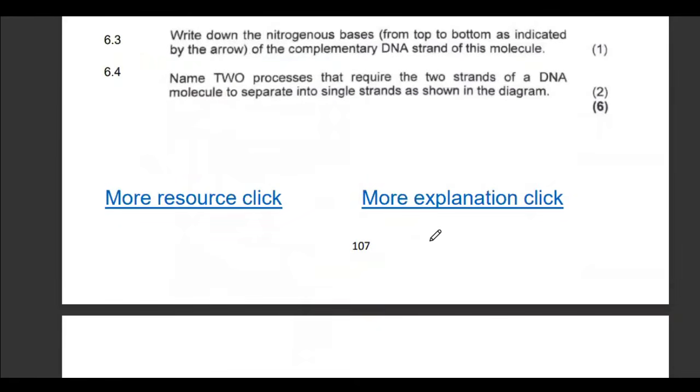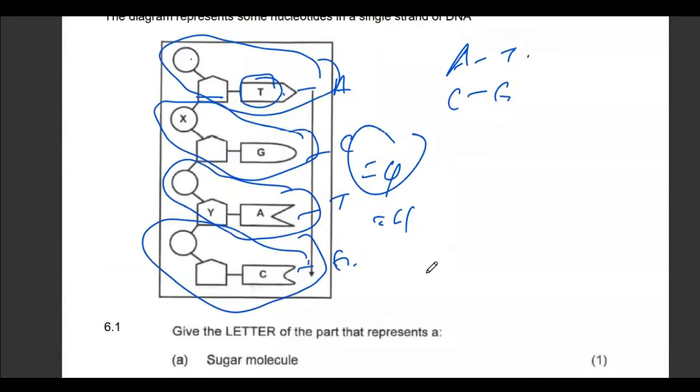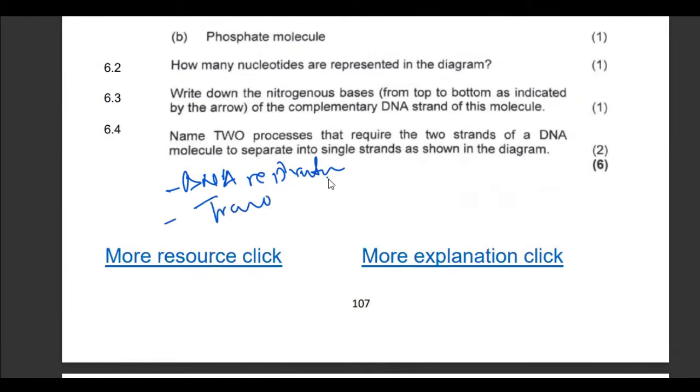Name 2 processes that require the strands of the DNA molecule to separate into single strands as shown in the diagram. Which 2 processes? We find this when DNA replication is going to take place, and also when there is transcription.